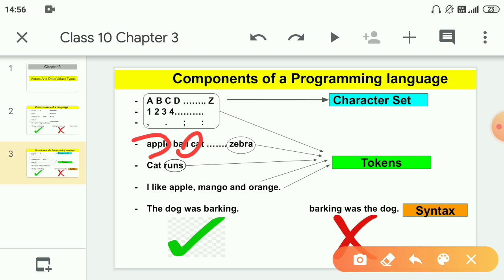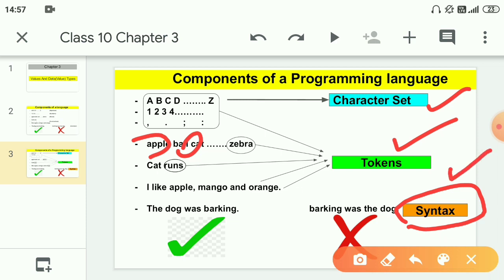And there are certain rules which tell us how we can combine these words. Just like in English we had grammar, in a programming language we have something called syntax. So syntax is nothing but grammar. In this chapter we will be looking in detail at the character set, the tokens, and the syntax.